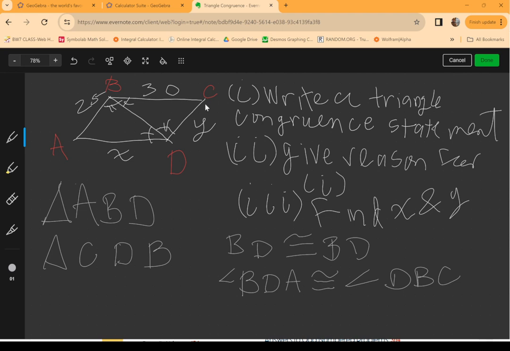DBC. Okay, and now we also have another pair of angles that are congruent. All right, so here we have, right, angle BDC is congruent, right? So BDC, this angle here, congruent to DBA.